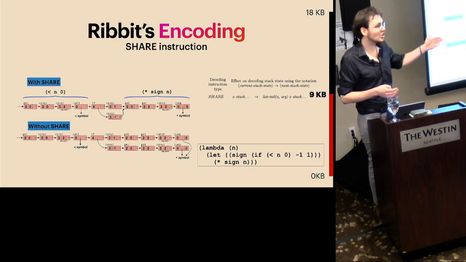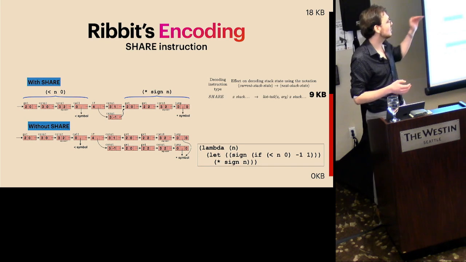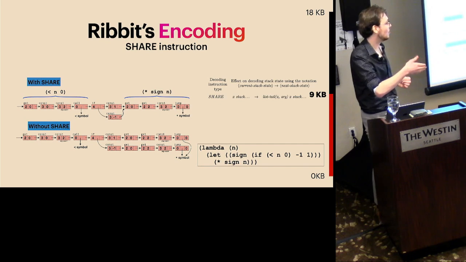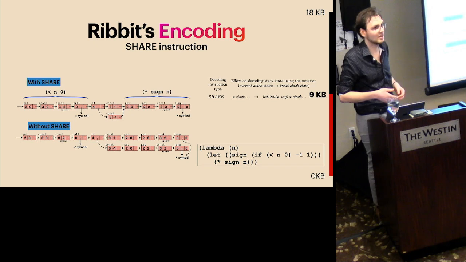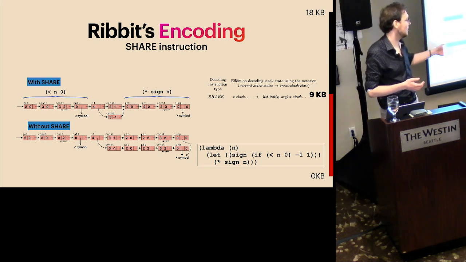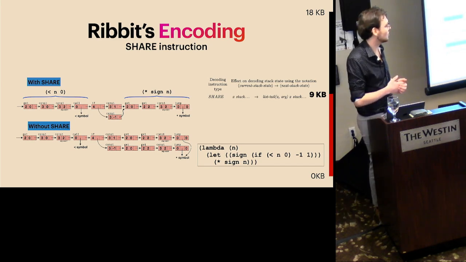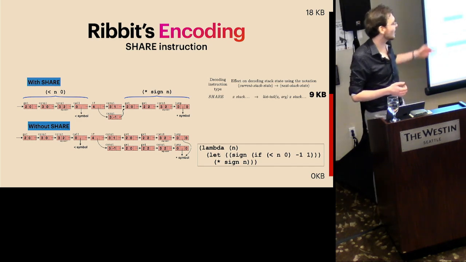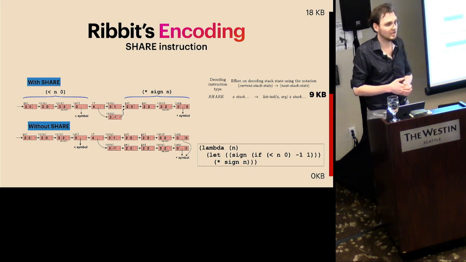We can see that the continuation of the if has to travel two different paths: either it is true and we do the multiplication, or it is false and we do the multiplication. If we cannot represent a DAG, we have to encode the graph with the two flows that you see here beneath. With the share instruction, we can take a certain value on the stack and push it again. So we can represent the graph as a DAG, as shown here.